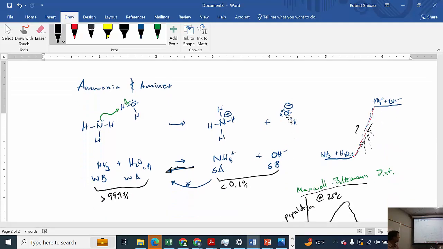Okay, and so going back to this aqueous ammonia, we call these weak bases weakly ionized. Weak bases are weak electrolytes.